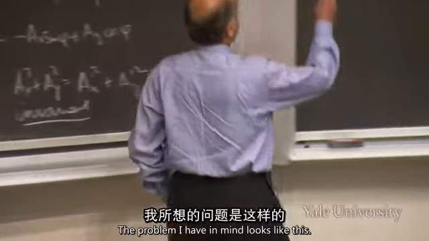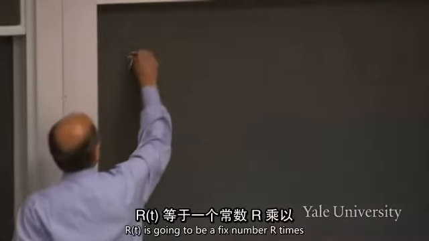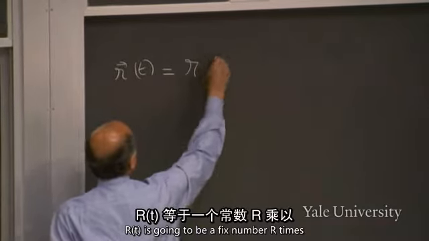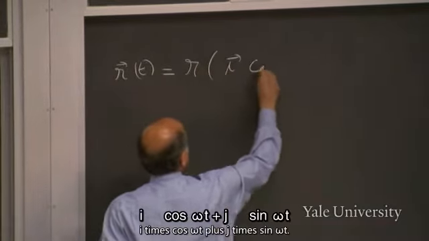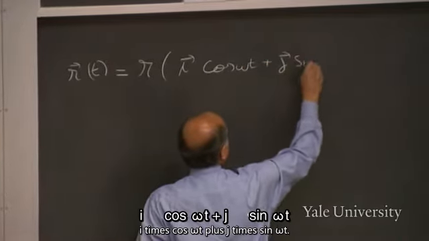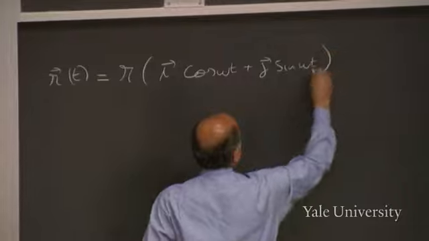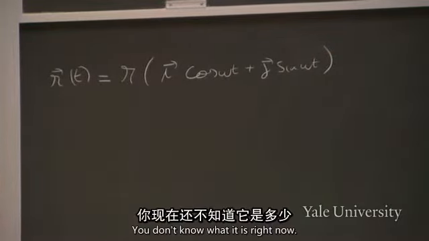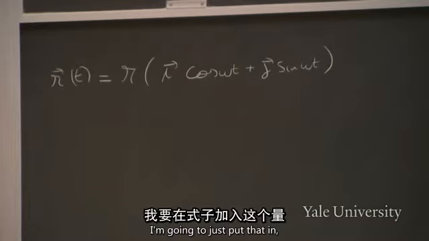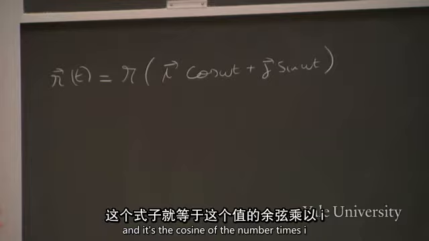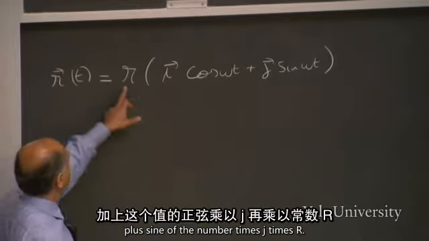The problem I have in mind looks like this. r of t is going to be a fixed number r times i times cosine omega t plus j times sine omega t. This omega is a new creature. You don't know what it is right now. But I'm going to just put that in. And omega times t is some number, and it's the cosine of the number times i plus sine of the number times j times r.